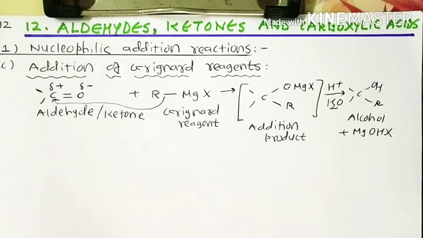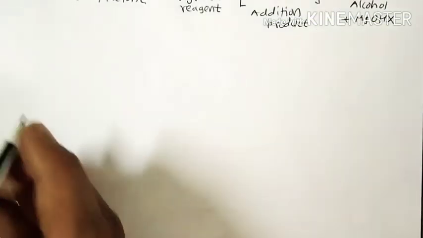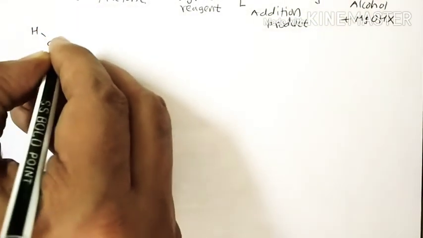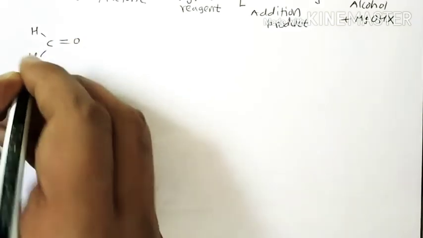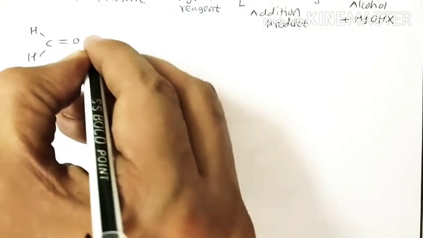The type of alcohol formed depends upon the aldehyde or ketone which is used. For example, formaldehyde gives a primary alcohol, while the remaining aldehydes give secondary alcohols, and all ketones yield tertiary alcohols. For example, HC double bond OH is formaldehyde.